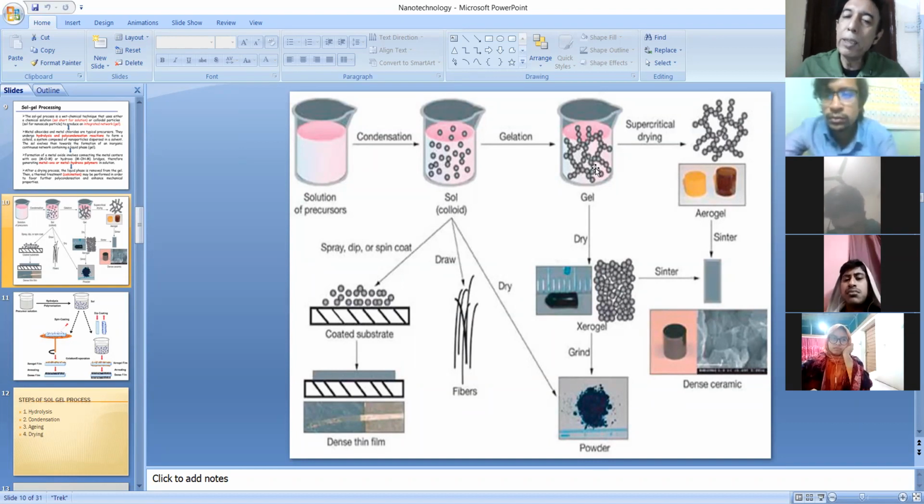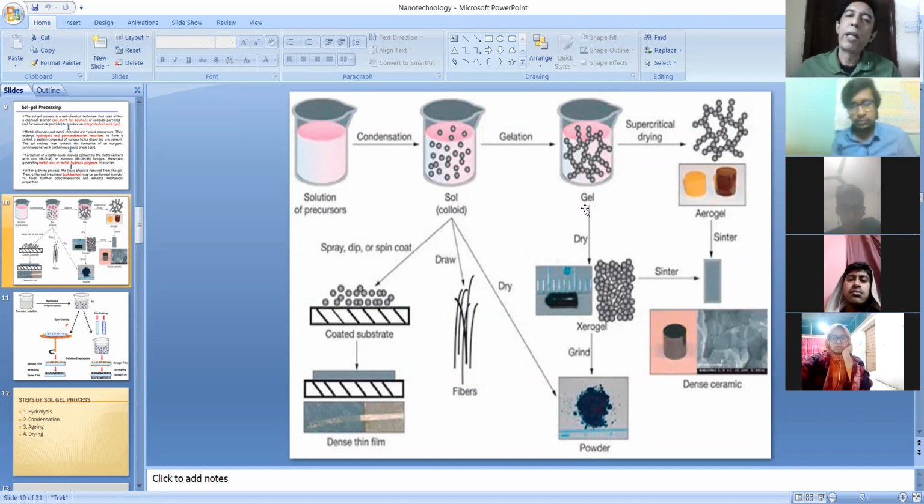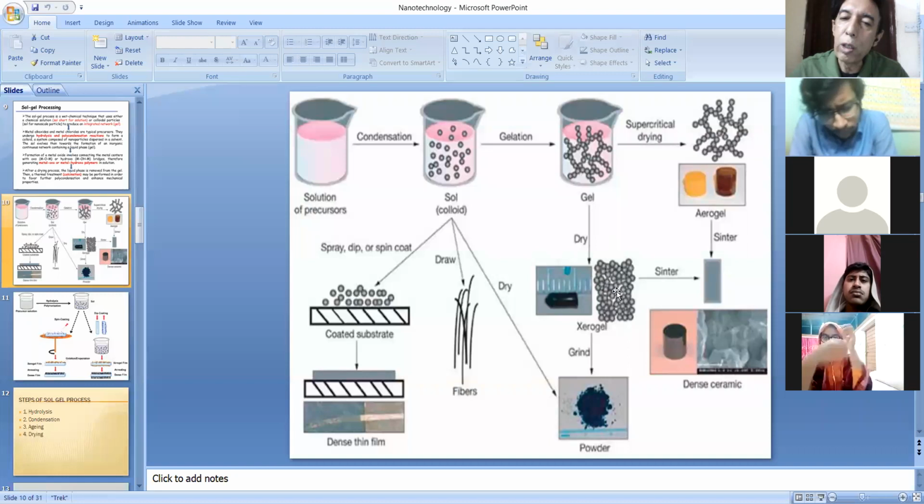And there is another type of drying where this three-dimensional network collapses. Actually, it is called calcination. You have dried the solvent, you have calcined it, and then this three-dimensional network collapses.